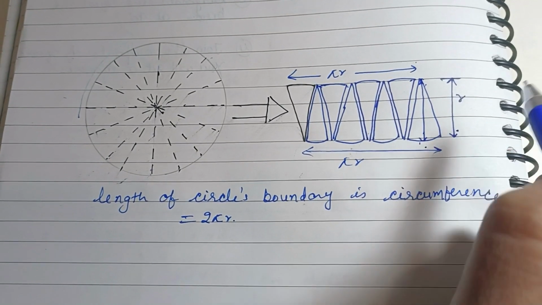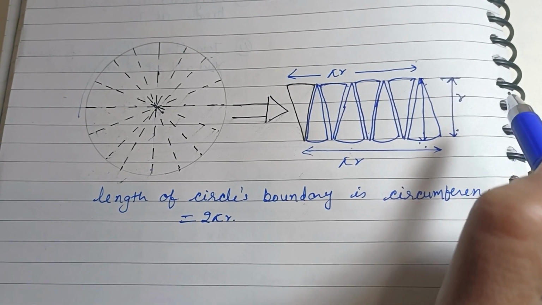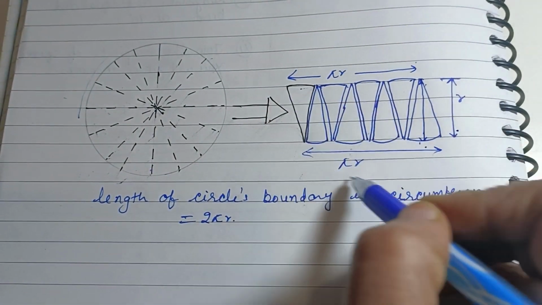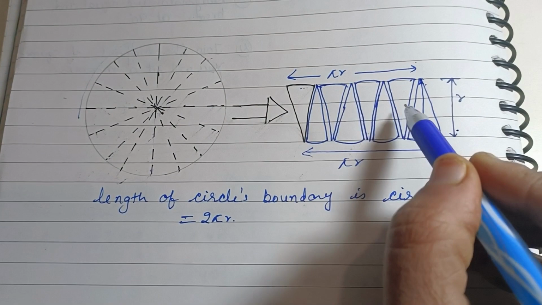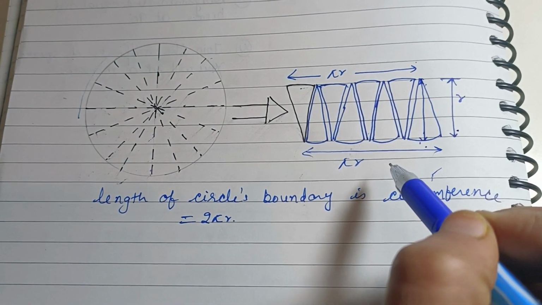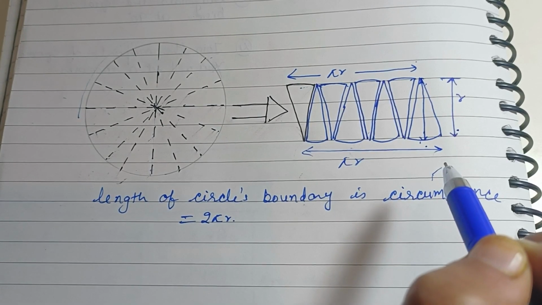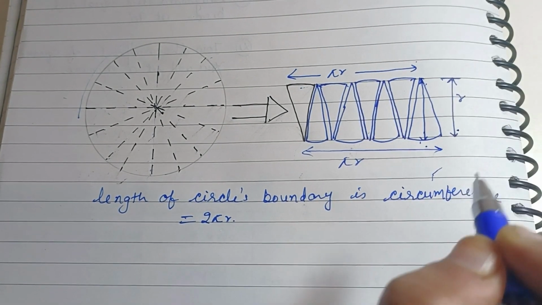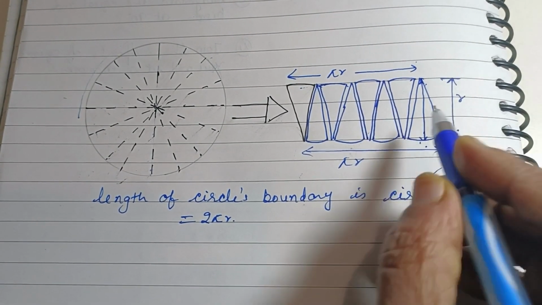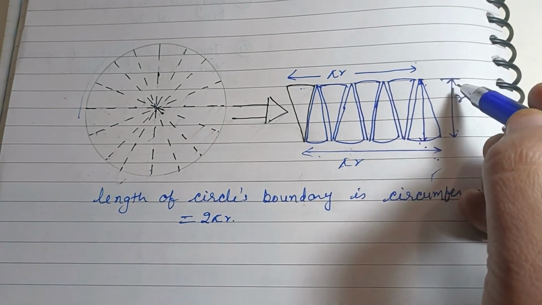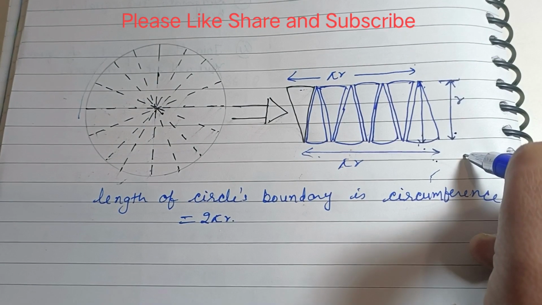Now we know that the area of any quadrilateral, it is looking like a quadrilateral, which is looking like the parallelogram. So if we talk about the area of any quadrilateral, it is the product of two perpendicular dimensions. One dimension which is horizontal, that is pi r, and the vertical dimension is r.